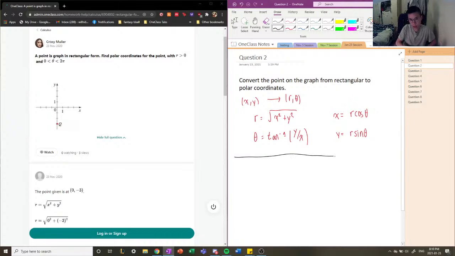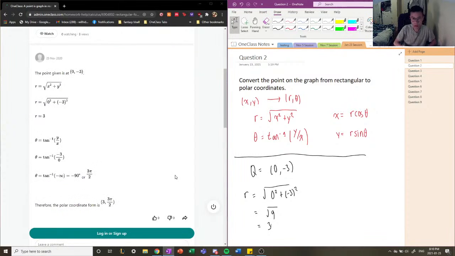First we have to identify what Q is. So the coordinates of Q in rectangular form is (0, -3). Okay, so that means r is equal to the square root of 0 squared plus (-3) squared. Okay, that's equal to root of 9 or 3.